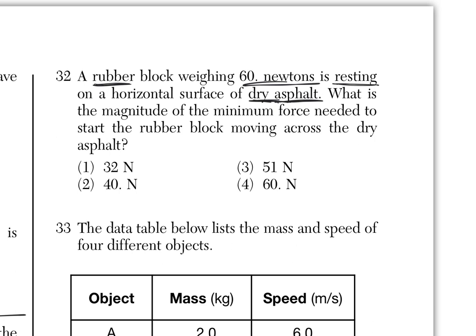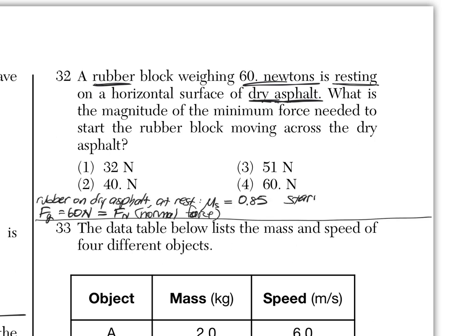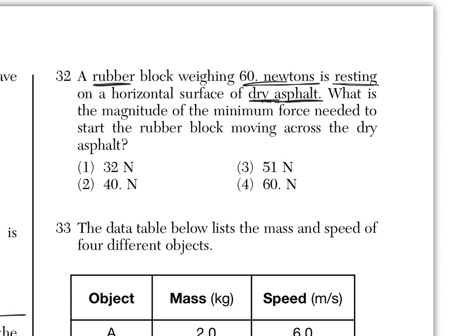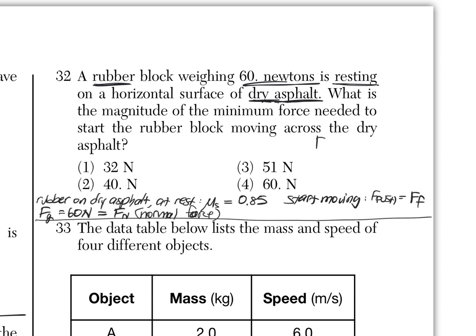To start it moving, you need to make a pushing force that is equal to this force of static friction. So I want to know the force of static friction, F_f is mu F_n, and I know mu, 0.85, and I know the normal force, 60 newtons. And so my friction force winds up being 51 newtons, which is choice 3.